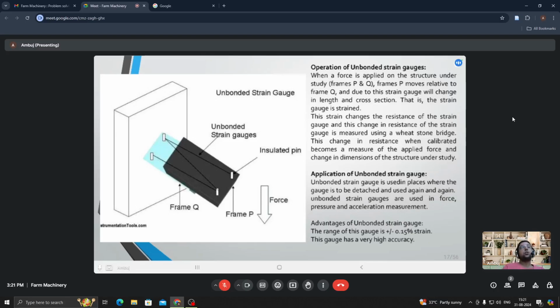In the case of load cells and various other gauges, we have to recalibrate. That we can avoid if we use this arrangement. The range of the gauge is plus minus 0.515% of the strain, which will give very high accuracy.